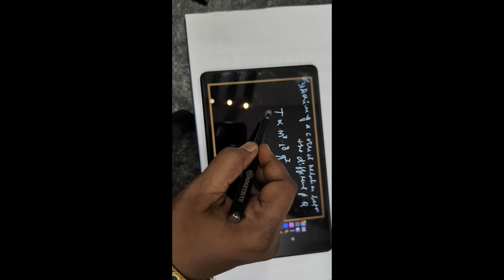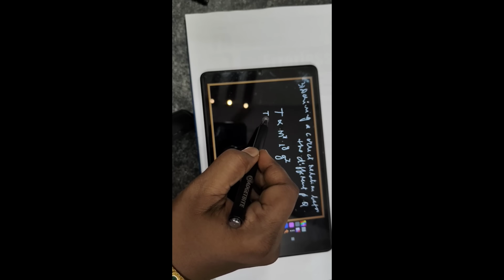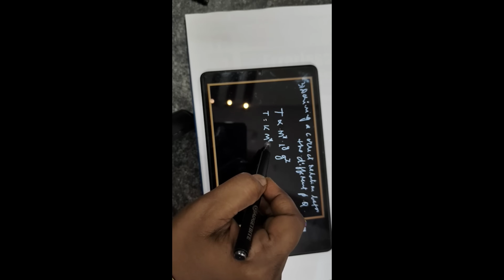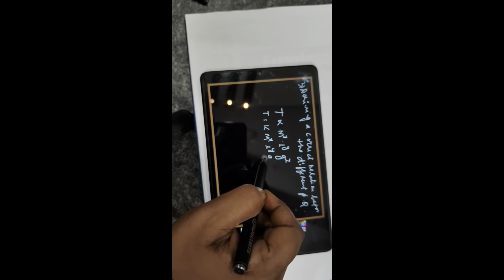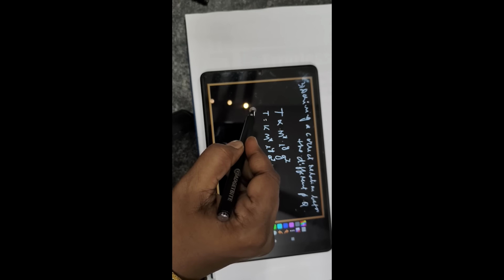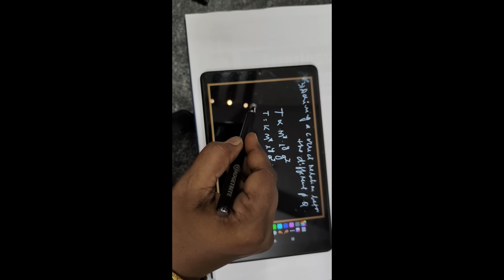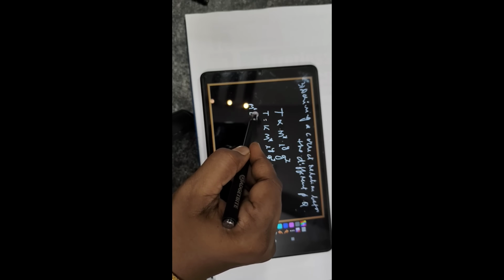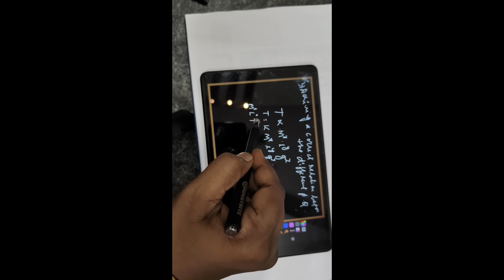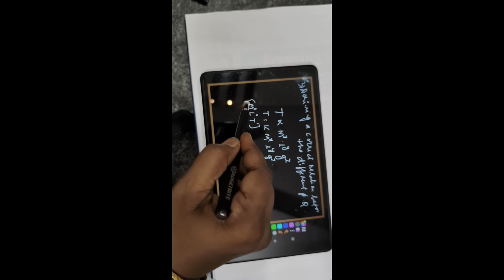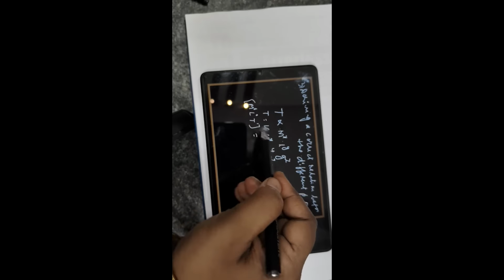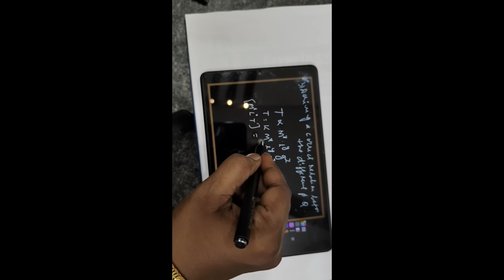So let us take T as k m raised to x, l raised to y, g raised to z. Here let us take T, the dimension of time, as M naught L naught T raised to 1. For the time being we'll not consider the k value; afterwards we can insert it.